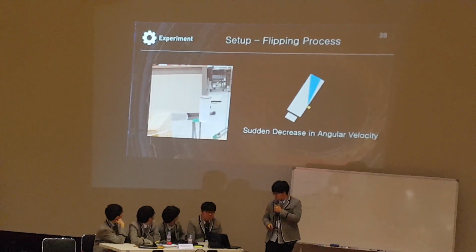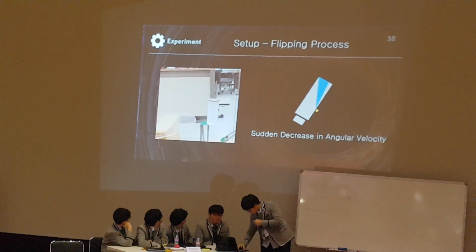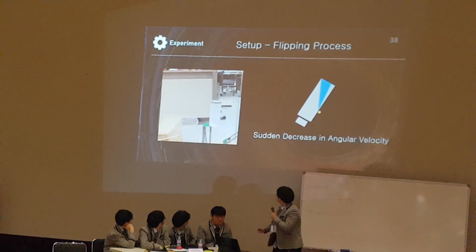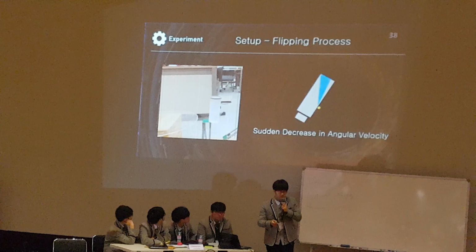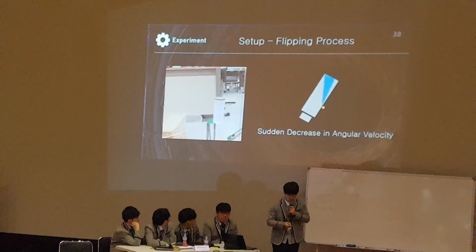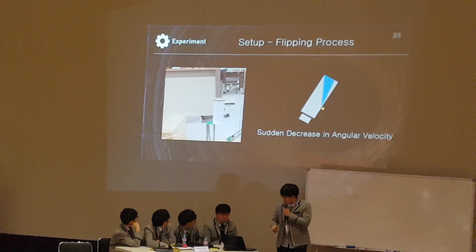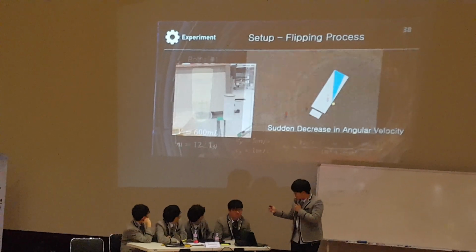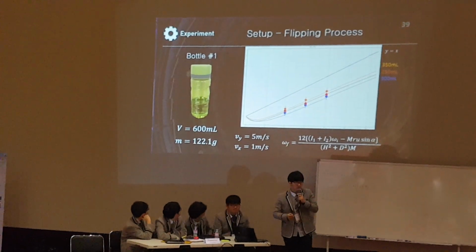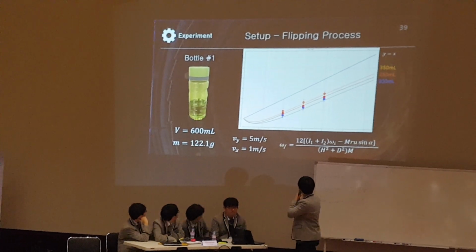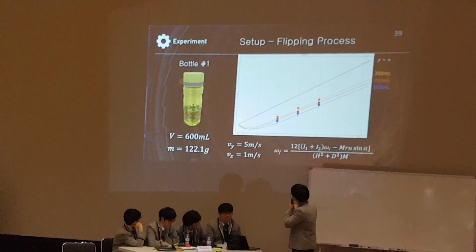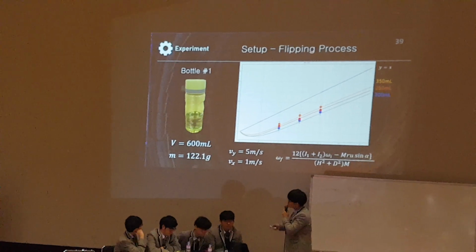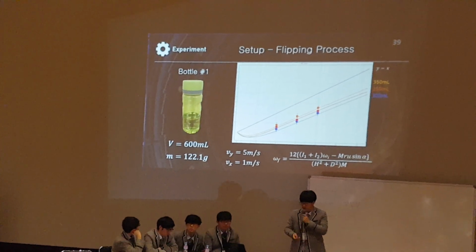Like you can see in the video, there's a sudden decrease in angular velocity, like you saw in the observation part. This is how the graph looks. In this graph, the x-axis is the initial angular velocity, and the y-axis is the final omega, the final angular velocity.